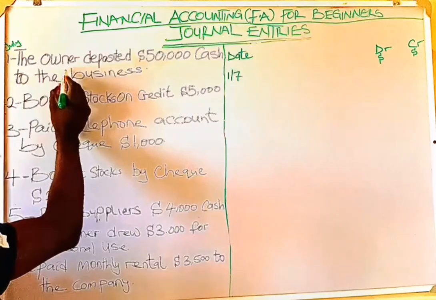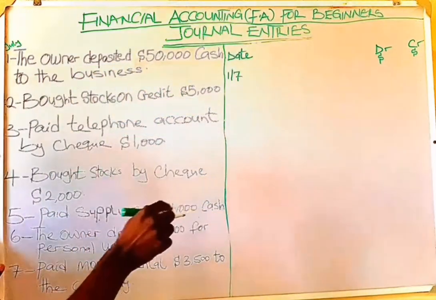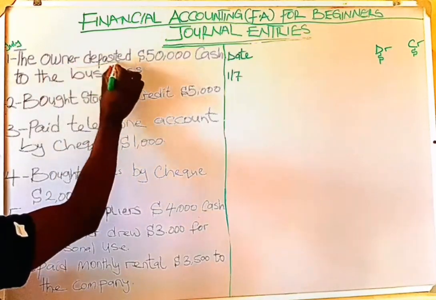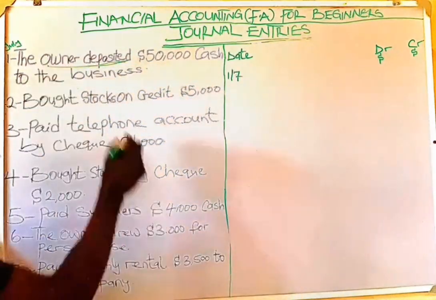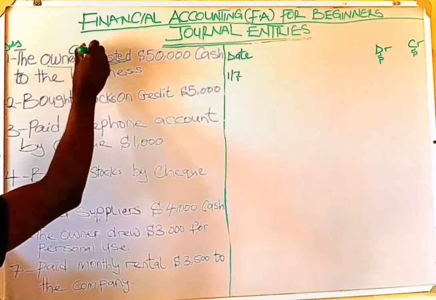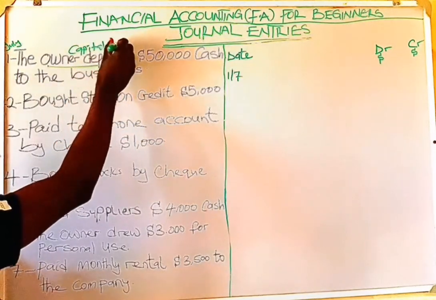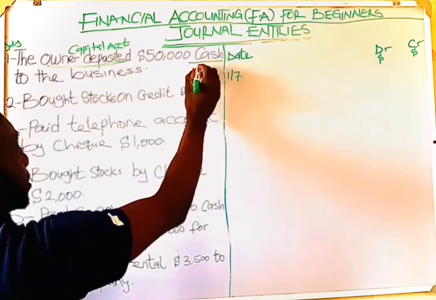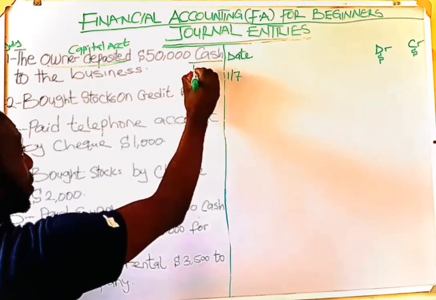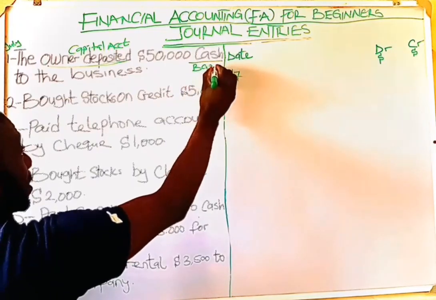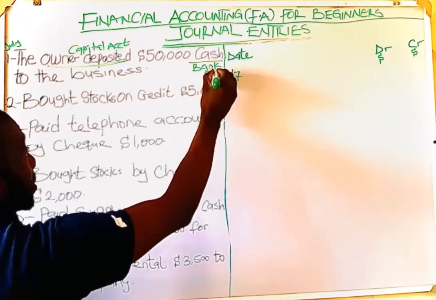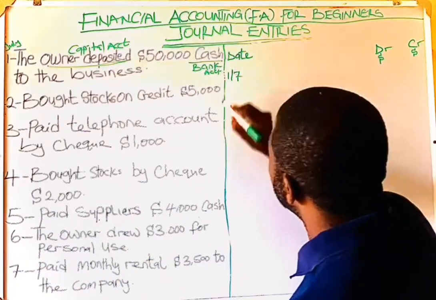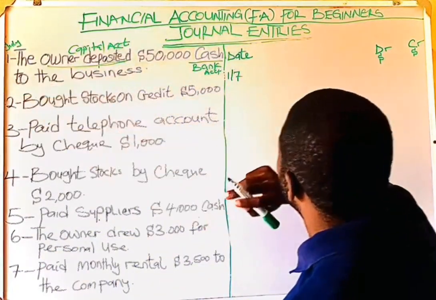The owner deposited, he's investing, and we say investment is capital. This is the capital account. And cash, as I've explained, we consider the bank account. Simple.